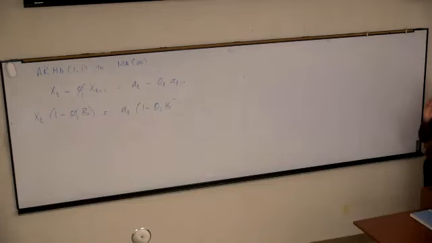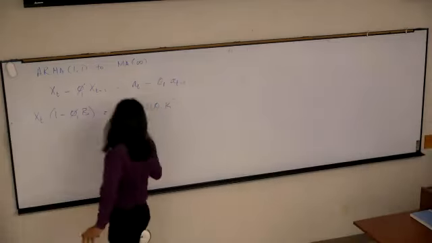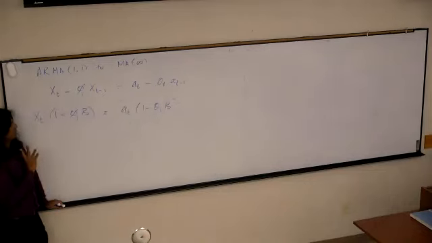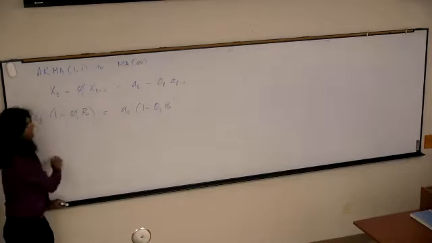So I've got to move one of the phi functions or theta functions to the other side, right? Which term goes where? Should this go to the other side? Should that come to this side?